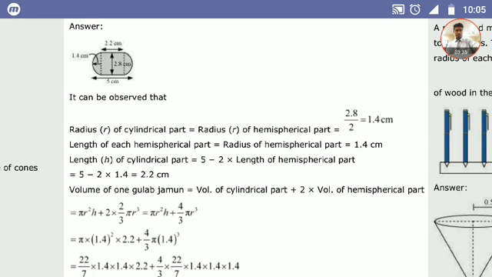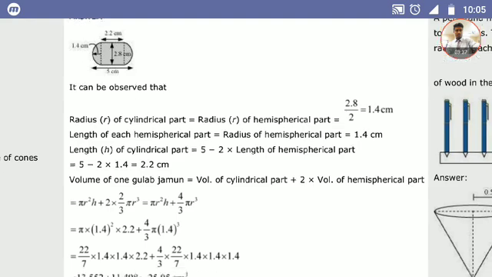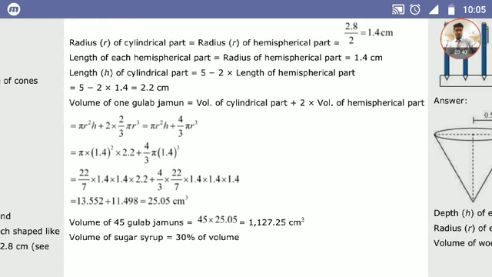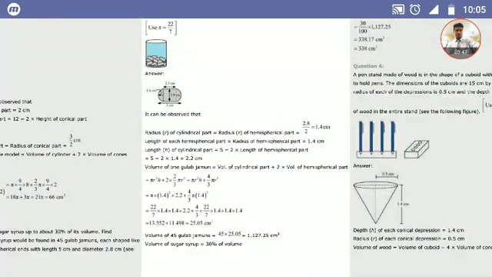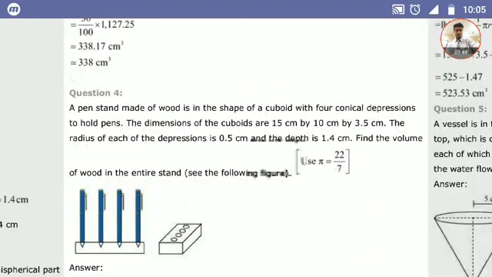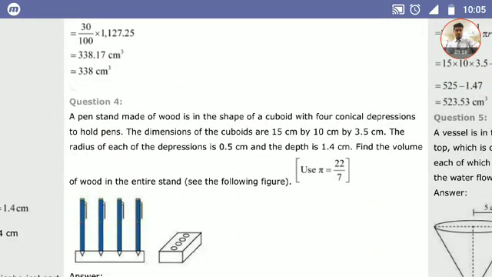After putting in the values, you'll get the volume for one. Now for 45 gulab jamuns, you multiply the volume by 45. Since there is 30% of the volume, you'll take 30% out of it. Once you take 30% of 1127.25, you'll get an answer of approximately 338. That will be the amount of sugar syrup, because they have already told you that the sugar syrup is 30%. So that's all for question number 3.